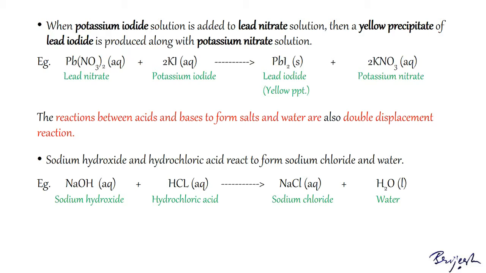For example, sodium hydroxide reacts with hydrochloric acid to form sodium chloride and water. In this double displacement reaction, two compounds, sodium hydroxide and hydrochloric acid, react by an exchange of ions to form two new compounds, sodium chloride and water. Please note that no precipitate is formed in this double displacement reaction.